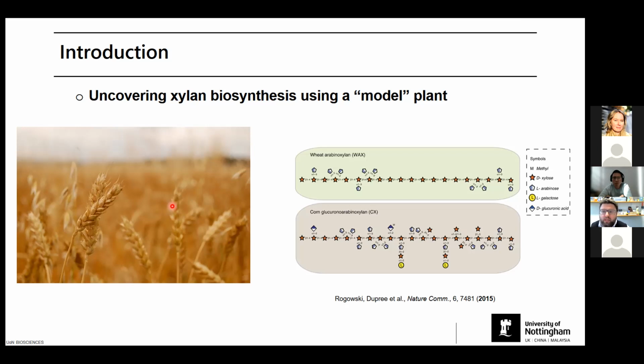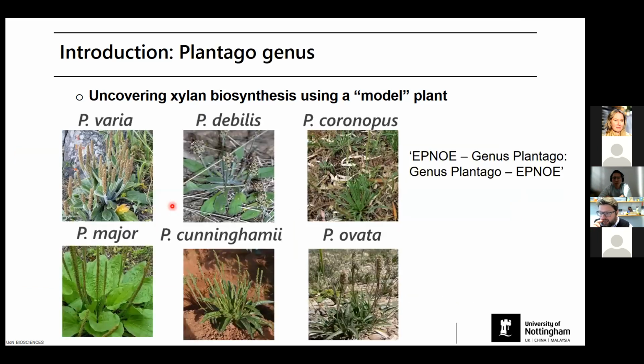So we thought we need a model plant, and it's a very typical thing in the plant sciences when you need to find a model plant, like Arabidopsis. First you do the work in Arabidopsis, and then you try to do work on a different plant, like barley, for example. We chose a whole genus of plants called Plantago, with different species within this genus.